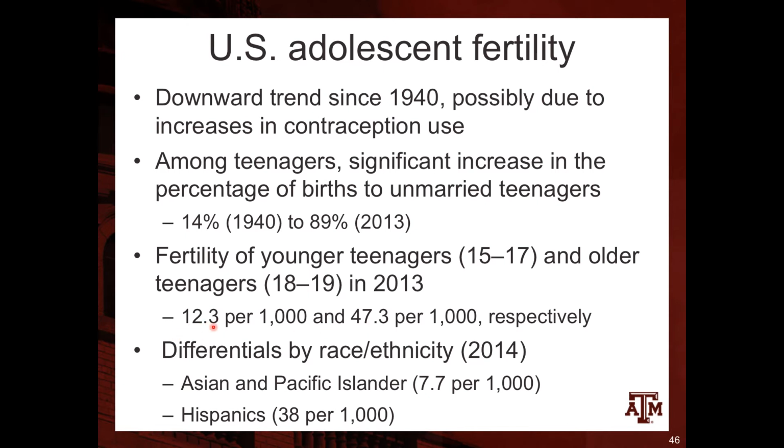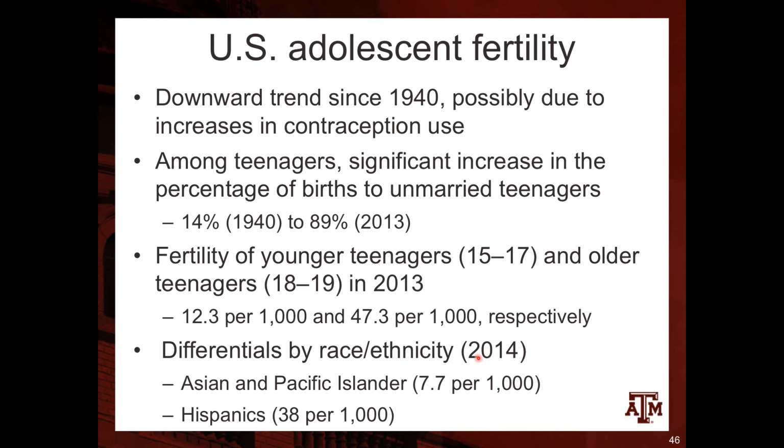So 12.3 per 1,000 women between 15 and 17 years of age, and 47.3 per 1,000 women between 18 and 19 years of age. And so you see variations in teenage fertility rates by age among teenagers, and also you see differentials by race ethnicity.